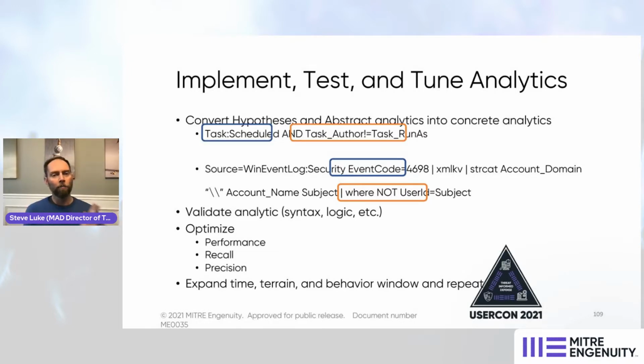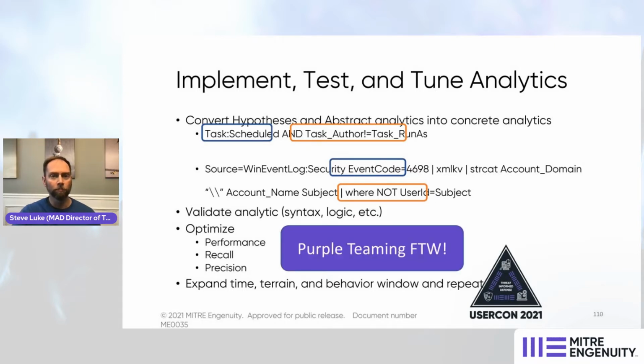Then we're going to show you how to map your hypotheses onto concrete analytics using specific syntax and event codes, and walk through an iterative, recurring process by which you optimize those analytics for performance, recall, and precision, so your false positives aren't too high. And this is where we're going to employ purple teaming.